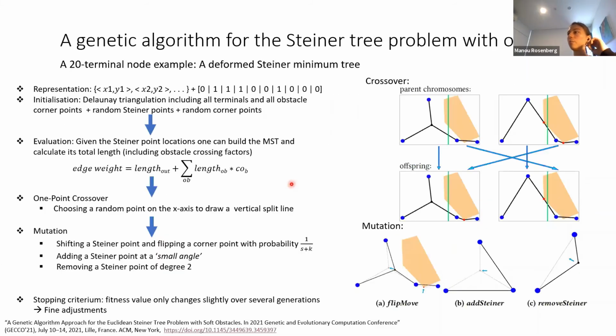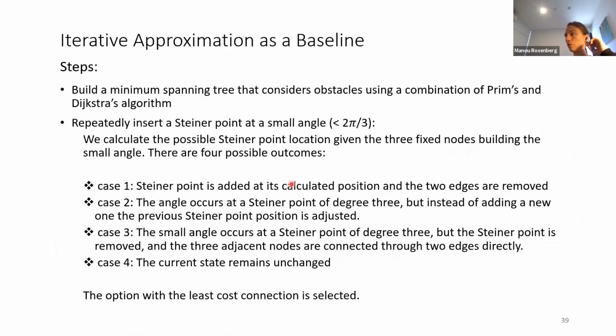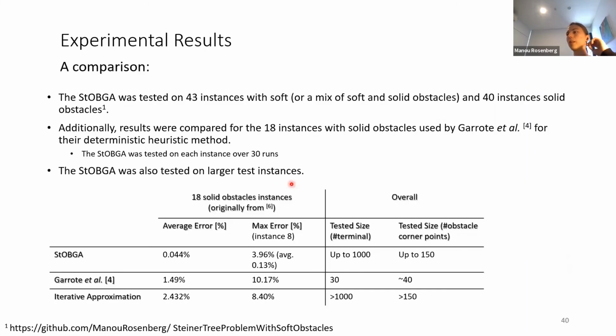For this approach, I'm just going to show you some of the results. We could improve the solutions to some of the existing approaches going around solid and soft obstacles on average, and we find that our genetic algorithm finds better solutions to the problem instances that were tested before.